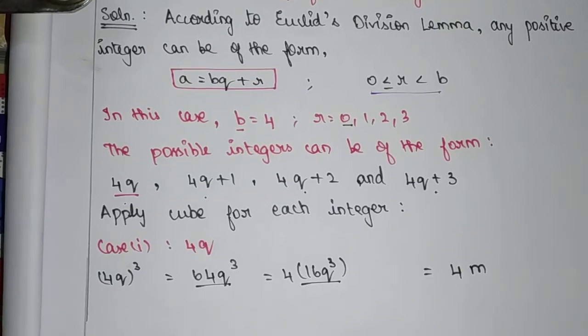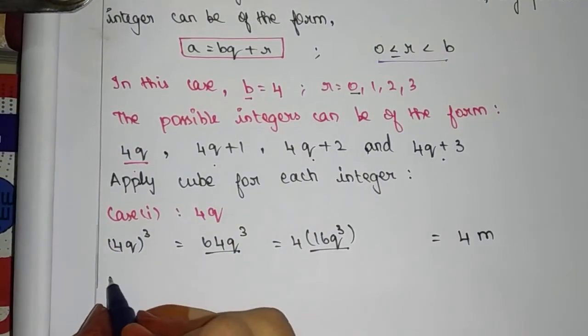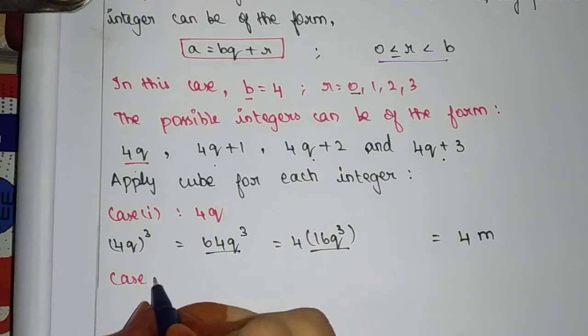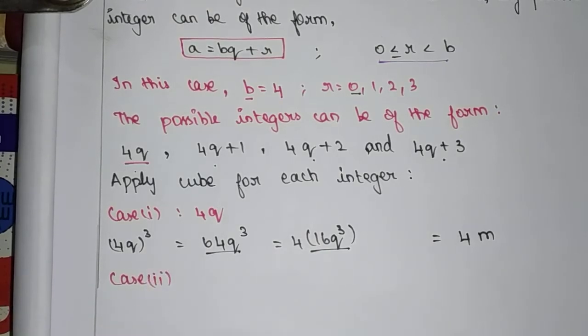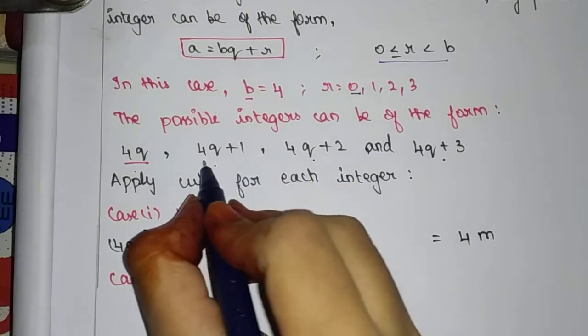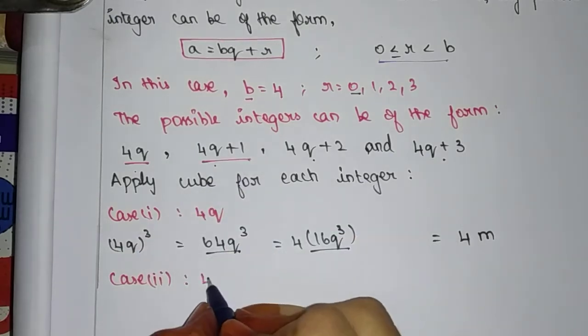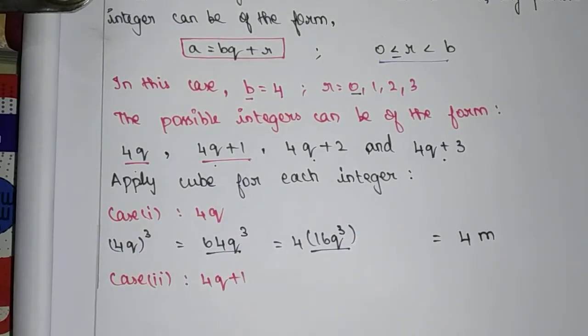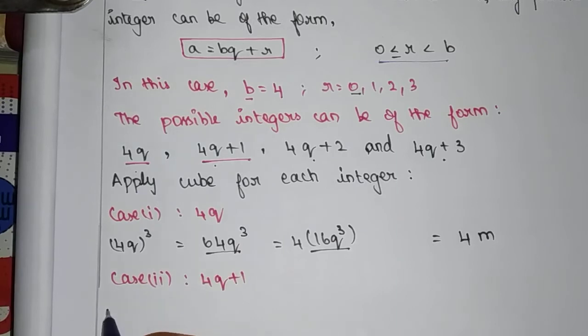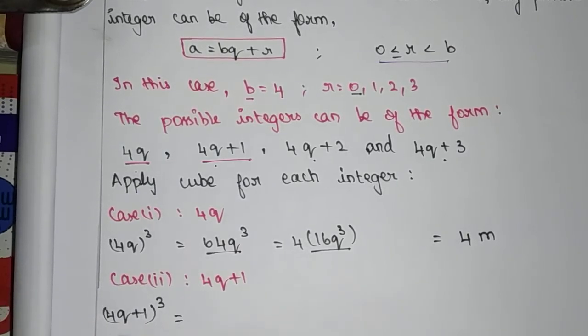Now case 2. The second integer value is 4q plus 1. So now cube this, 4q plus 1 the whole cube. Here I will be applying the a plus b the whole cube formula.